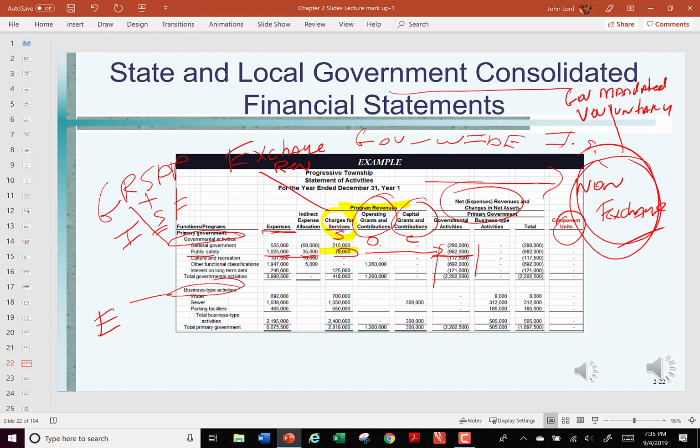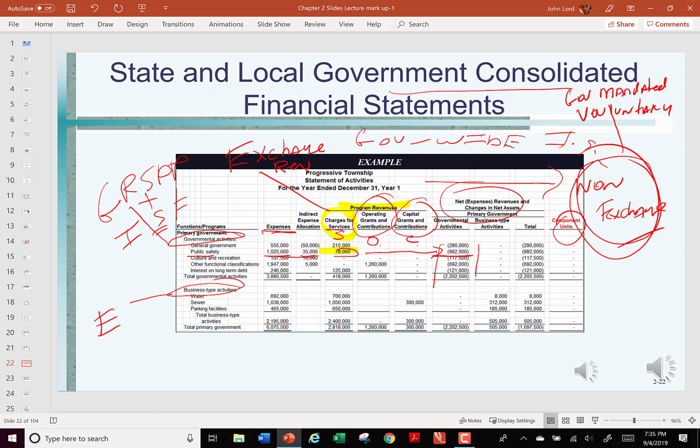Okay. A government mandatory non-exchange is when the higher level of government tells you to do something and gives you the money for it. For example, can the state tell counties that they have to clean up pollution? Yes, they can, because what?